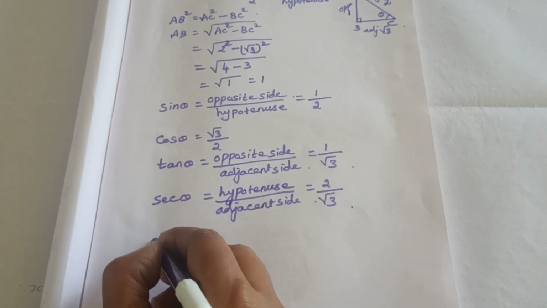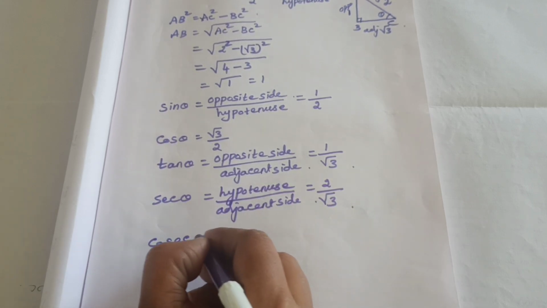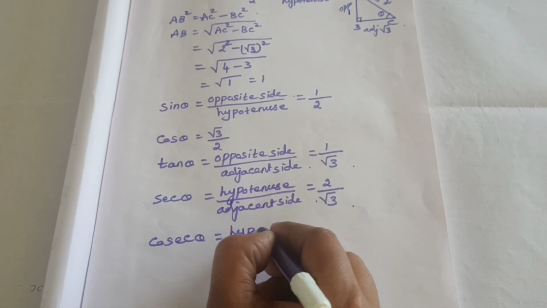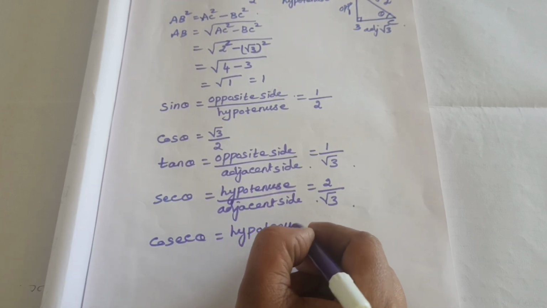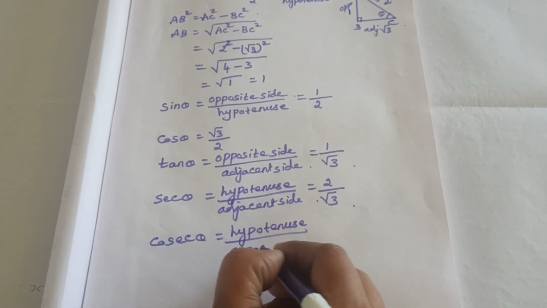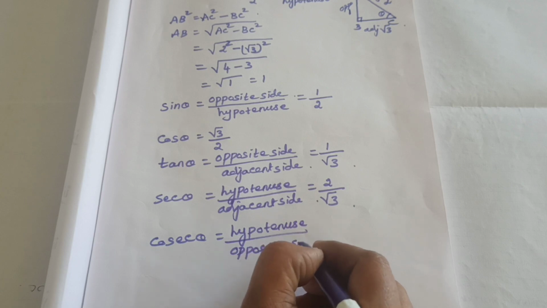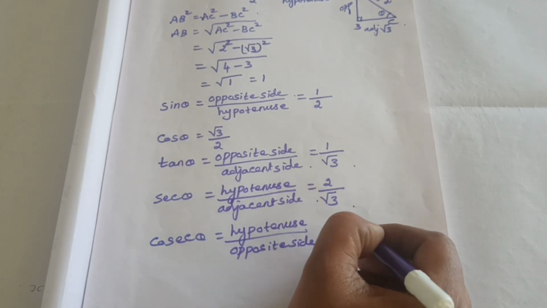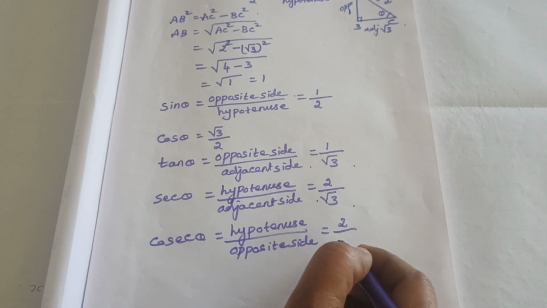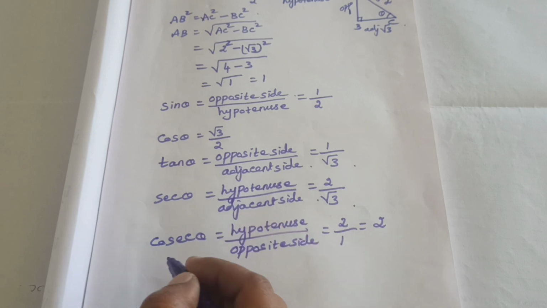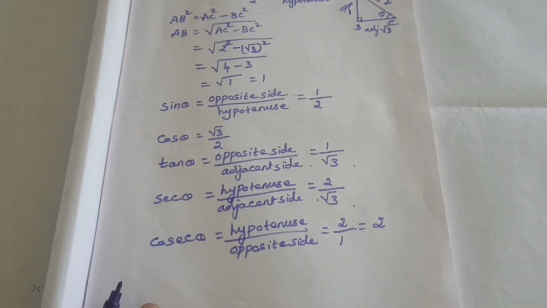Okay, next one, cosecant theta. Cosecant theta is equal to hypotenuse divided by opposite side. Which is the hypotenuse here? 2. 2 divided by opposite side is 1. 2 by 1 is what's the value? 2.